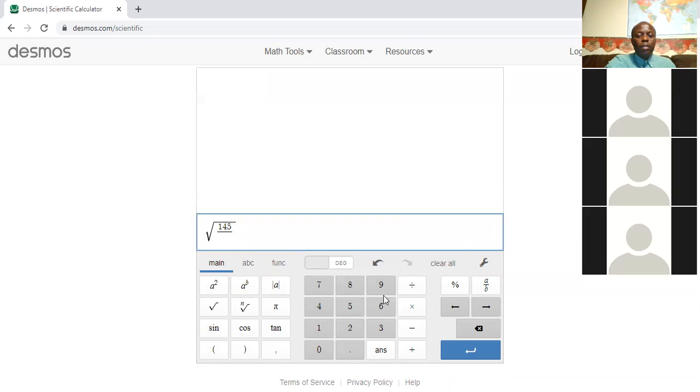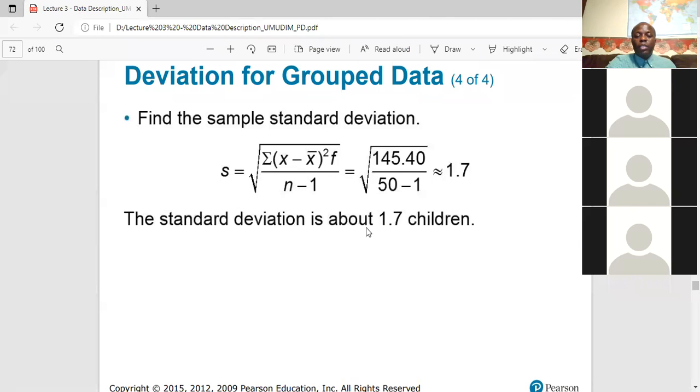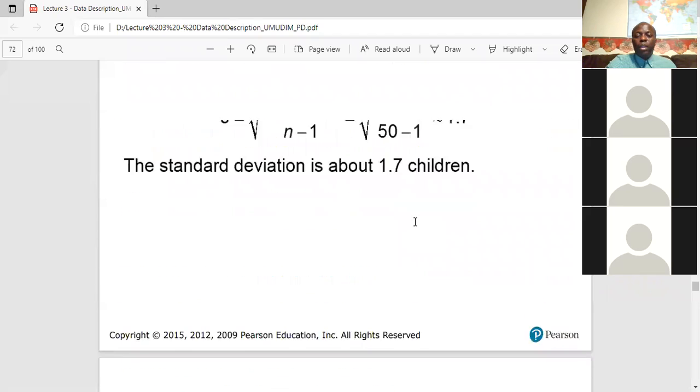So 1.720, which is approximately 1.7, is the standard deviation here. So the standard deviation is about 1.7 children.